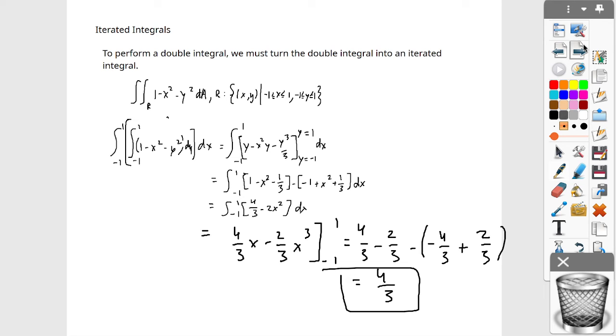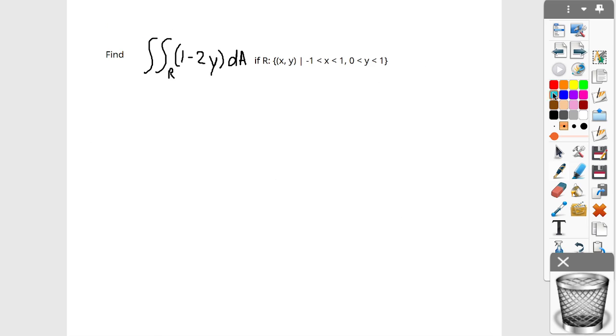We only took 2 intervals from each side, so 4 rectangles total. So it's not very accurate, but if you take it closer and closer, it will be more and more accurate. All right, let's do 3 more examples, because we have this now.